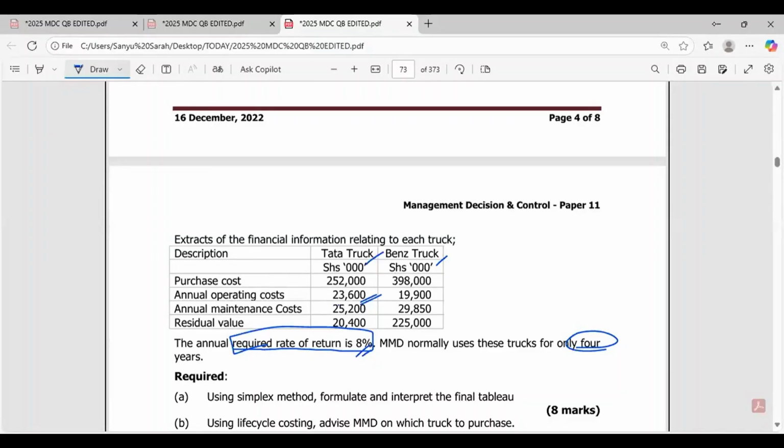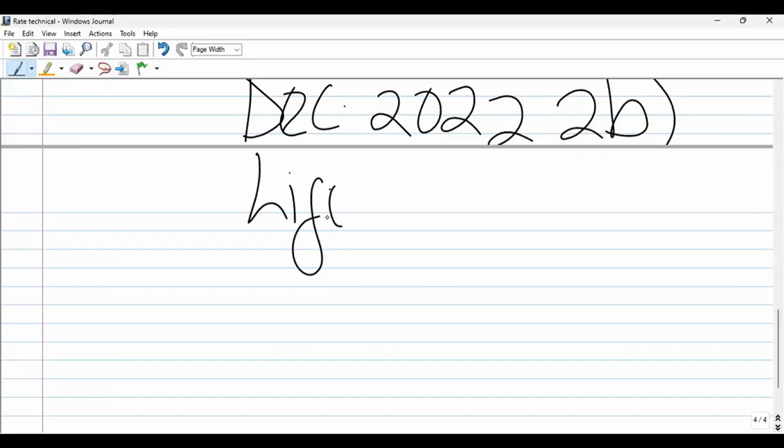Maintenance is also annual times 4. But now we have a required rate of return, so this calls for discounting. So we are going to compute the life cycle costs for each.